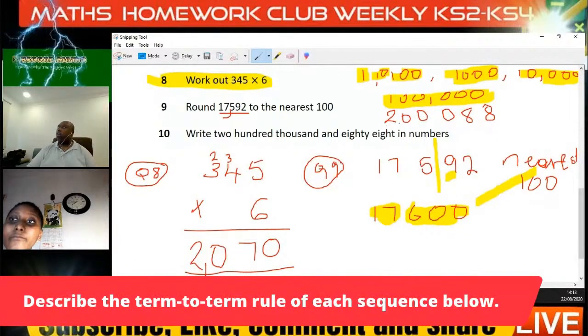Can you see that? So 200,000, 1,000, and 88. Does that make sense to you? Copy this in the book for me, please. So you've got units, 10, 100, 1,000, 10,000, 100,000. So 200,088.